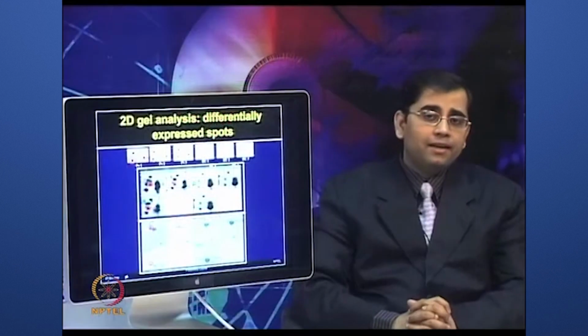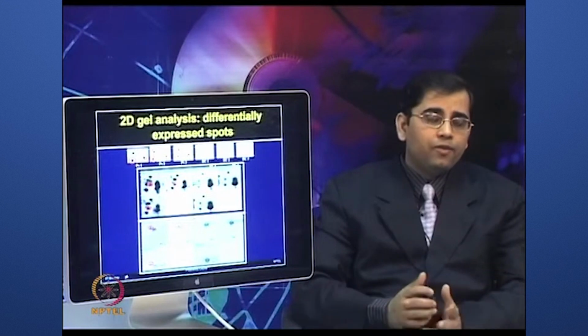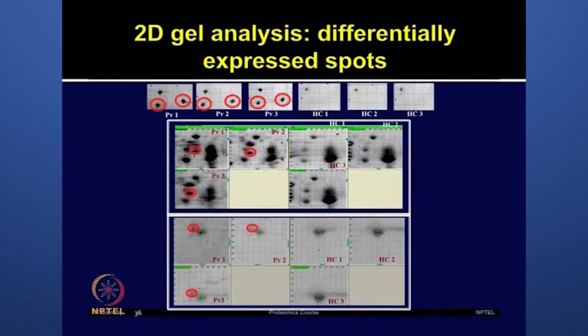As you can see in this slide, we had looked at various controls and various vivax patients. These are only a few patient samples here, but we analyzed a large number of samples. But those spots which were reproducible in all the patients, for example, one you can see in the top panel, 2 spots are showing significant alteration in the vivax as compared to the healthy controls.